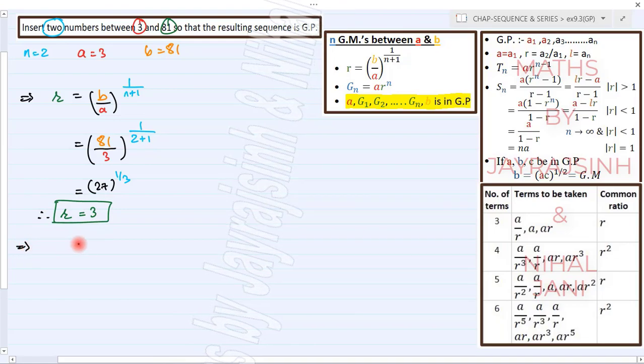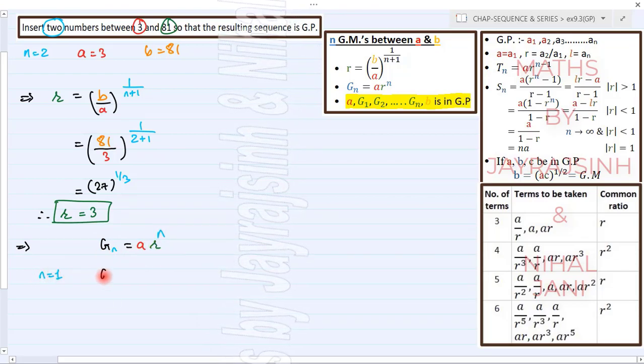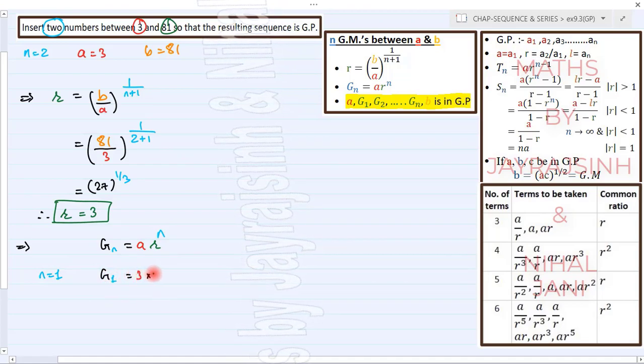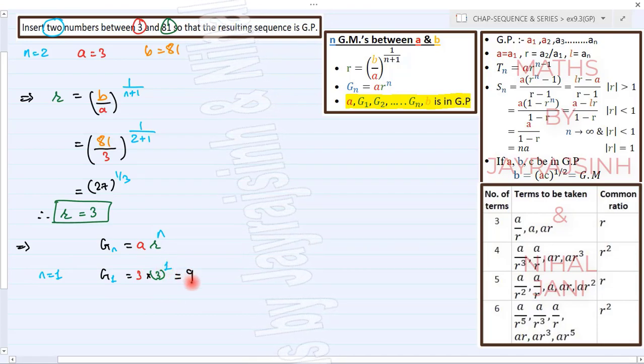Now let's find out the geometrical means, which are ar raised to n. For n equal to 1, your first geometrical mean will be 3 into 3 raised to 1, which gives us 9.